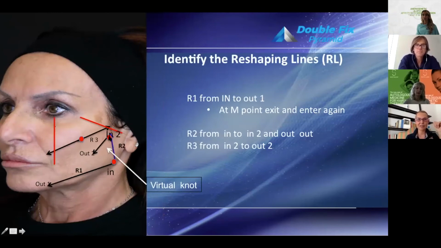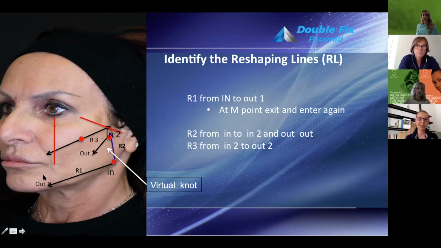Here you can see another kind of reshaping line: R1, R2, and R2 from in to out, R3 from in to out. It is difficult. The entry point is in the corner of the jawline.